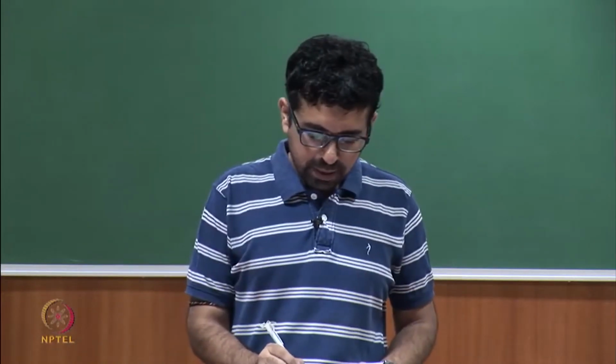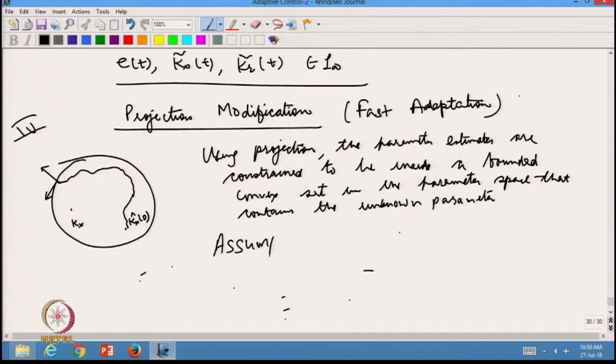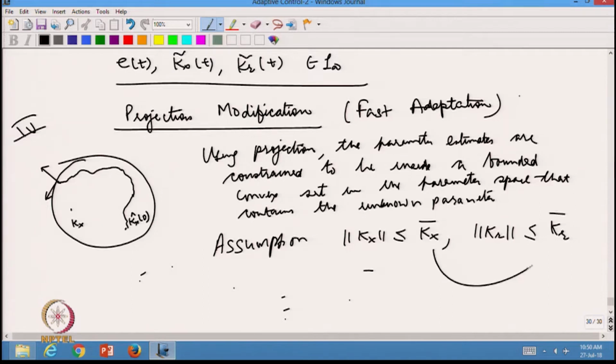Okay, so here, as I mentioned, the assumption that we will have to make is that the actual parameter is within some bounded region. So, k x and k r, which are the actual parameters, are upper bounded by k x bar and k r bar, and these two are known constants.